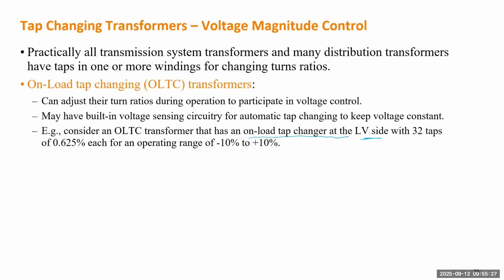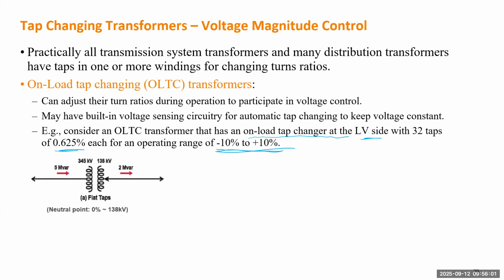Each time you move the tap, it will change the voltage by about 0.6%. So in total, you can expect to change voltage by plus or minus 10%. For instance, if the secondary side is 100 kV, you can vary the voltage between 90 and 110 kV.